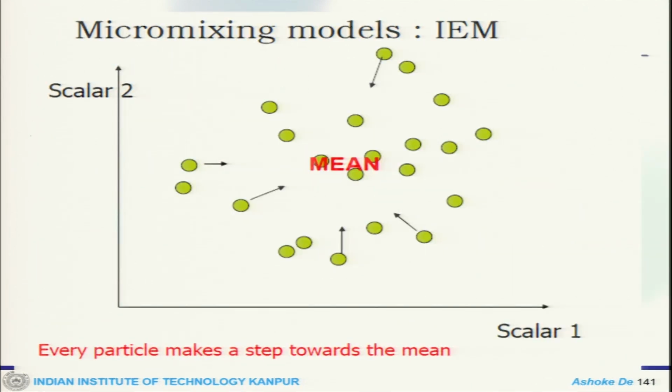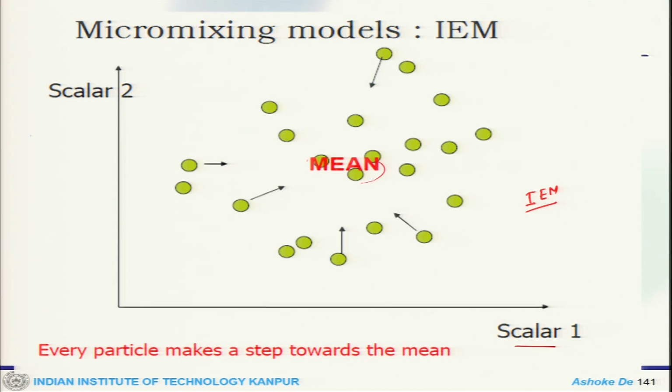Now, we can see the micro mixing model behavior, how that actually behaves. You can think that in this direction there is one scalar, in this direction there is another scalar, and these are all the particles, and let us say the mean properties would be somewhere else. Then the tendency of each particle is to go towards the mean, and that is why we call it IEM, interchange by exchange and mean.